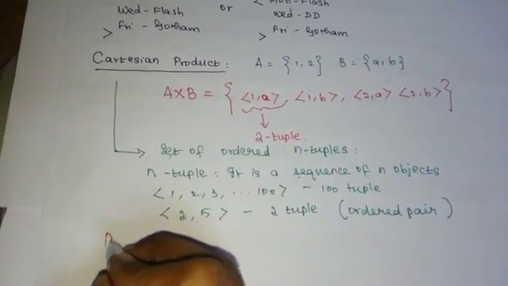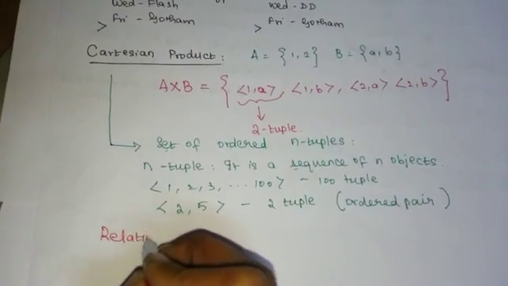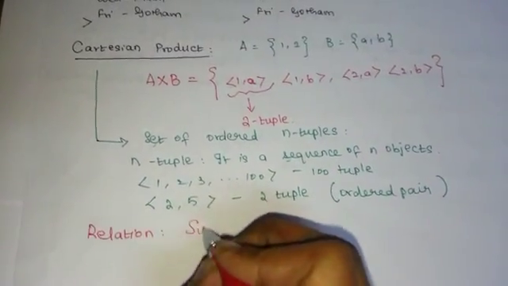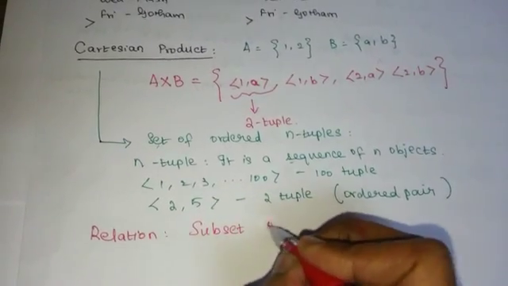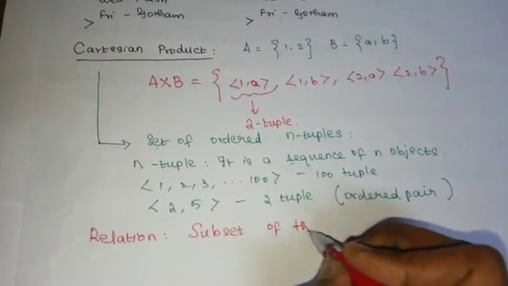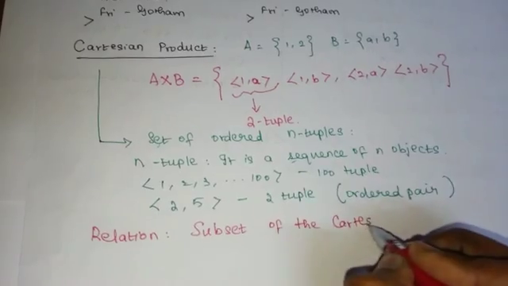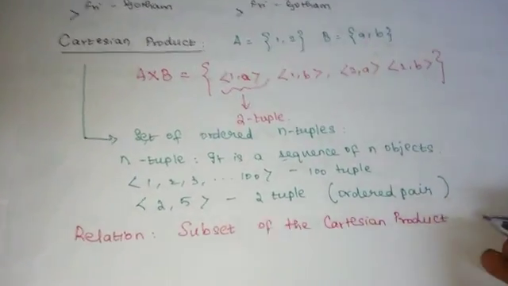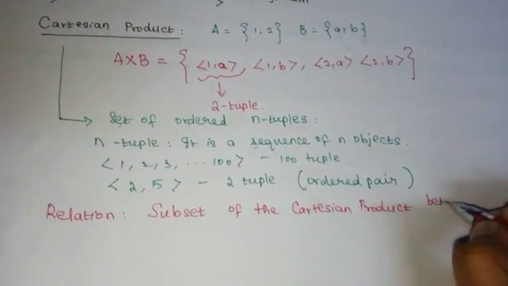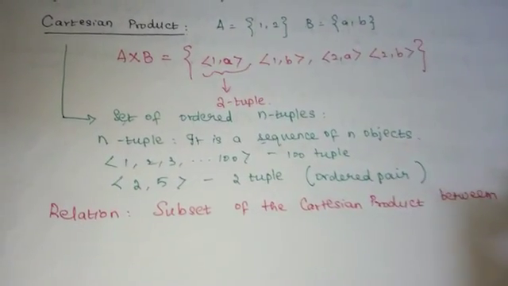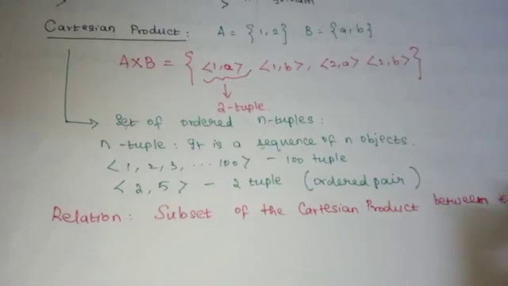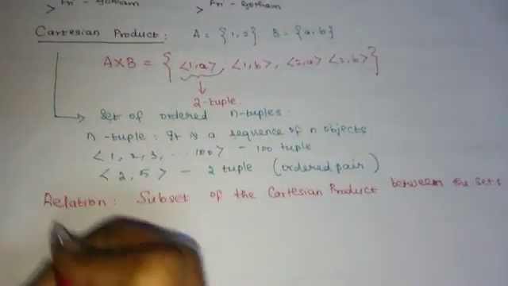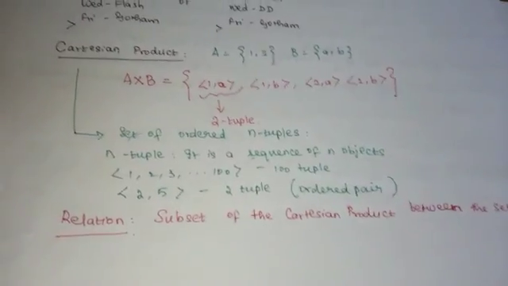You can define it in this way: a relation is a subset of the Cartesian product between the sets. So a relation is nothing but a subset of the Cartesian product.